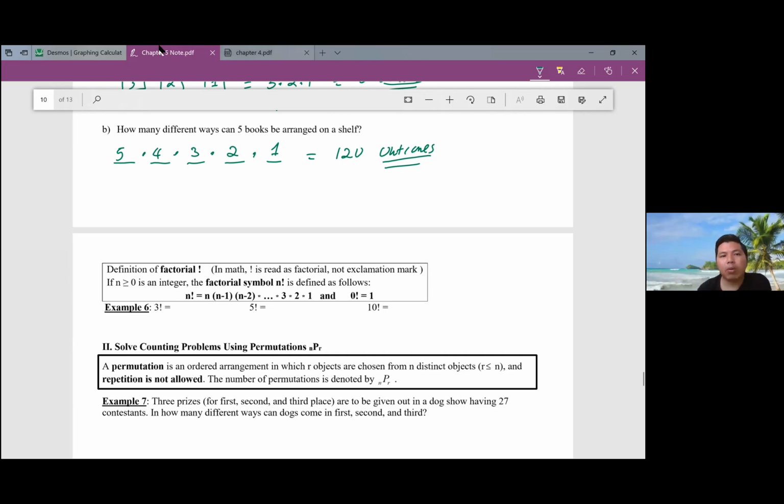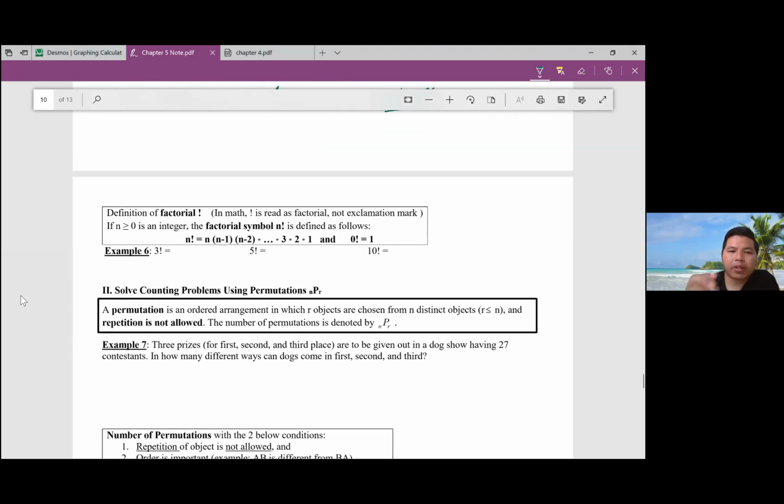Now, when you think of example B, when I ask how many ways can I arrange 5 books on the shelf, we have 5 times 4 times 3 times 2 times 1. That's just 5 factorial, and that's the concept. So 3 factorial is 3 times 2 times 1, so we got 6.